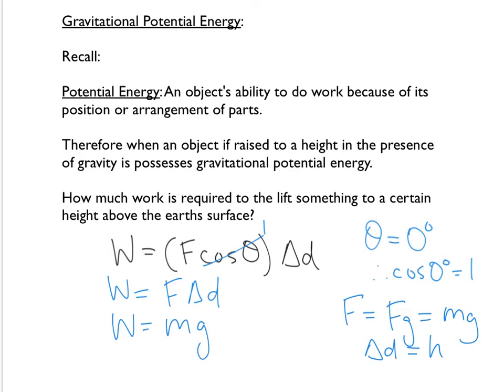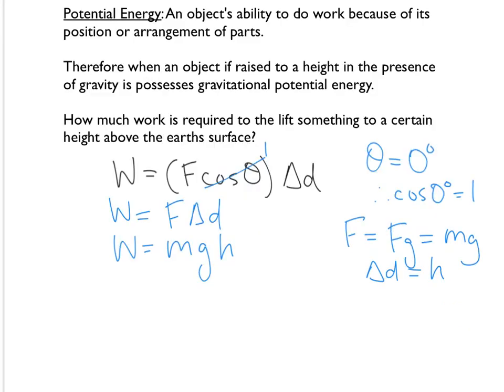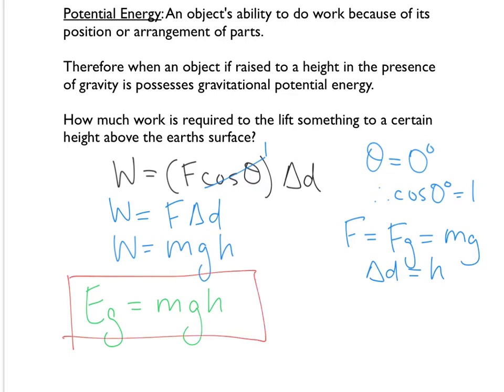We also know that energy is the ability to do work, so they're essentially interchangeable here. So your gravitational potential energy is equal to your mass times gravity times height. And your acceleration of gravity is 9.8 meters per second squared.